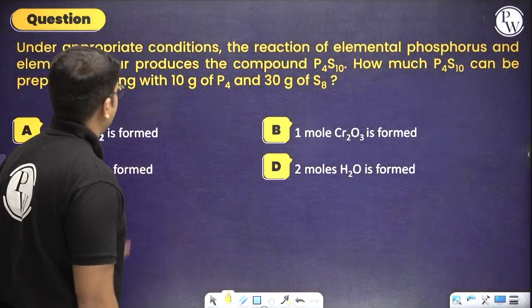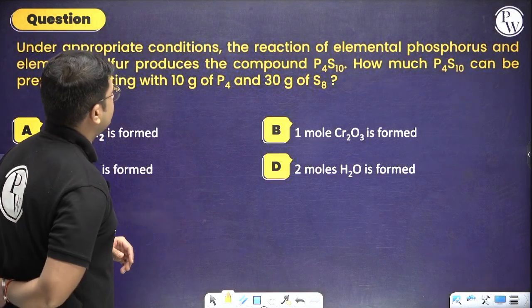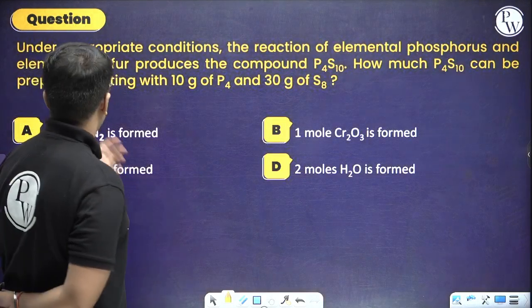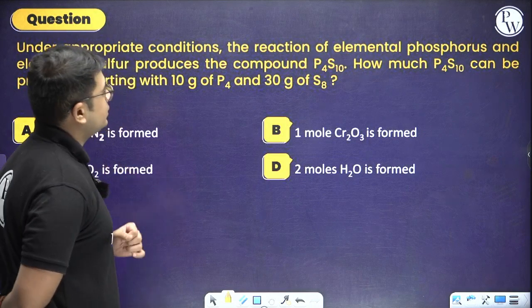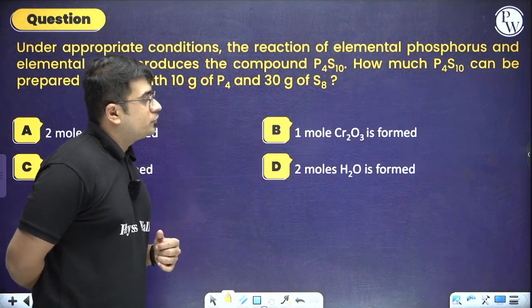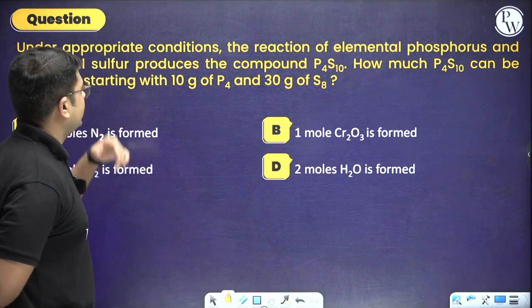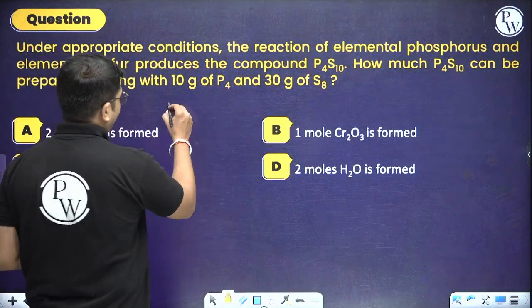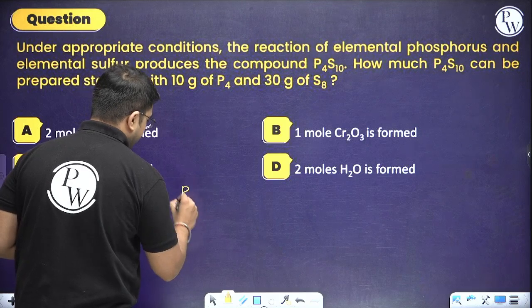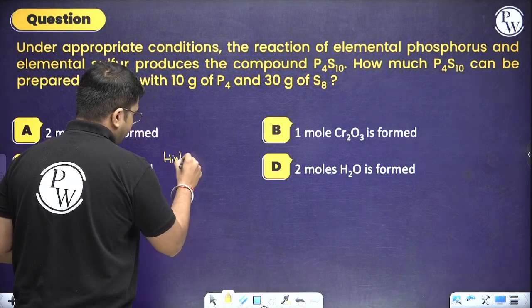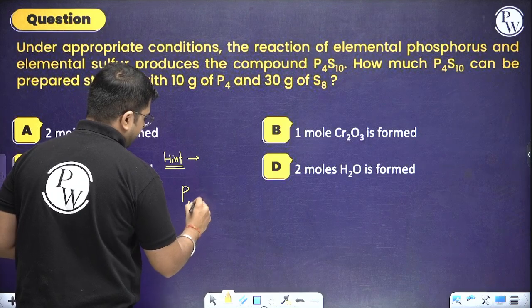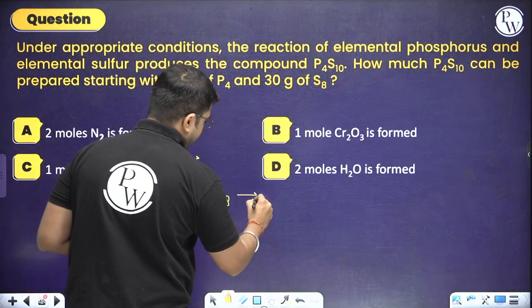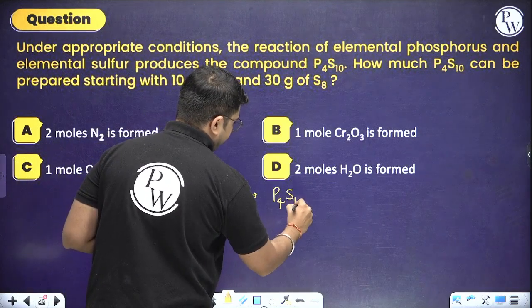Okay, next question is, under appropriate conditions, the reaction of elemental phosphorus and elemental sulfur produces the compound P4S10. How much P4S10 can be prepared starting with 10 gram of P4 and 30 gram of S8? So first of all, you have to write down the equation. I am giving you some hint. You have P4 plus S8 gives us P4S10.